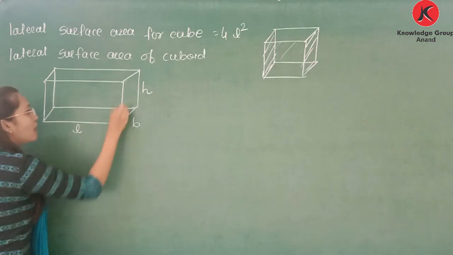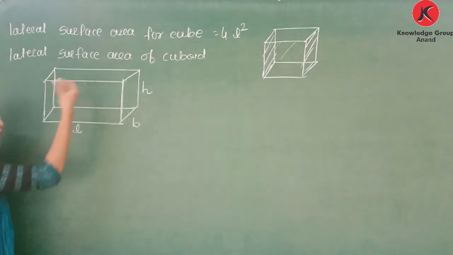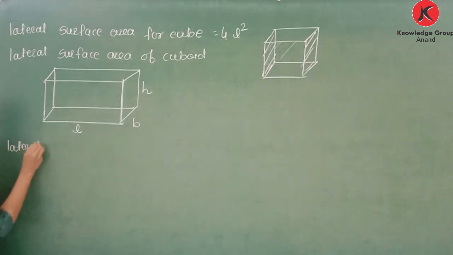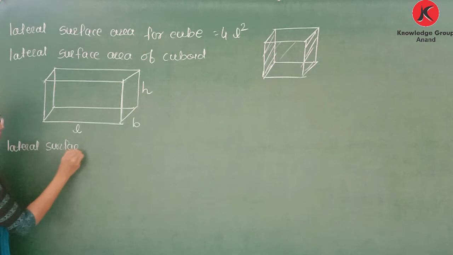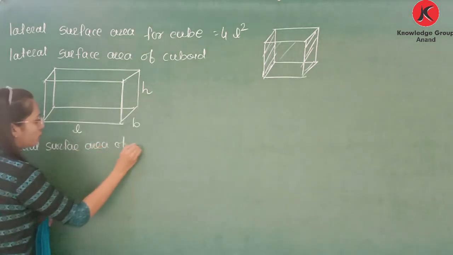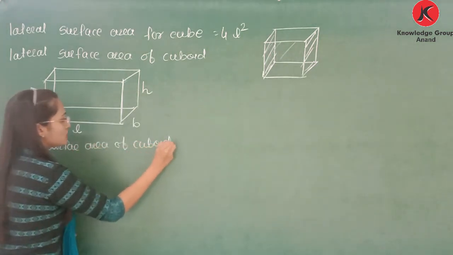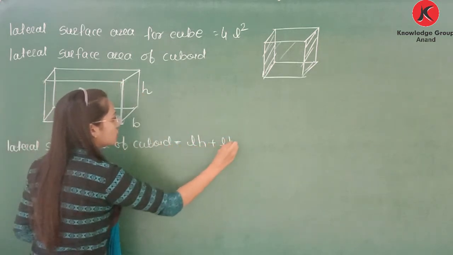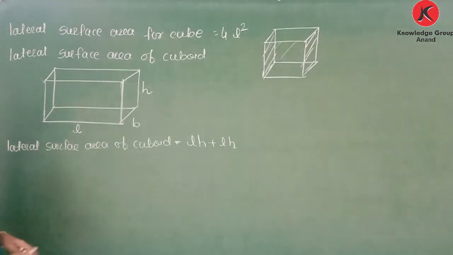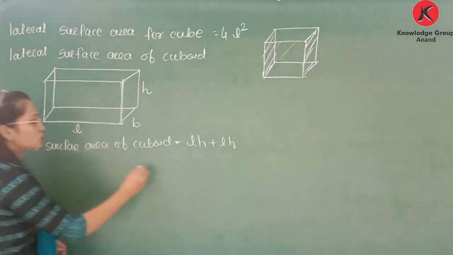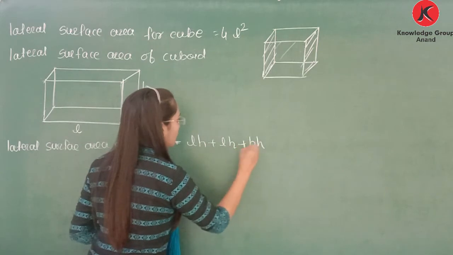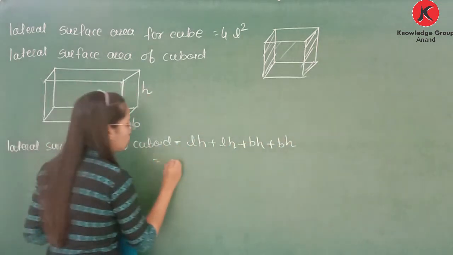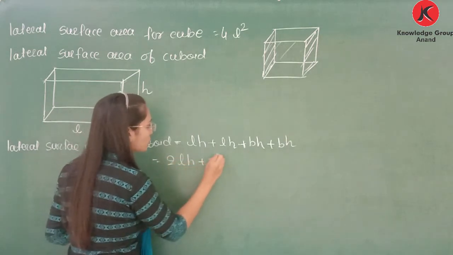That is L and H. And the back side is also L and H. So the lateral surface area of a cuboid is equal to LH plus LH, front face and back face. The side faces are B and H, so that is BH plus BH, this side and this side. So we have 2LH plus 2BH.